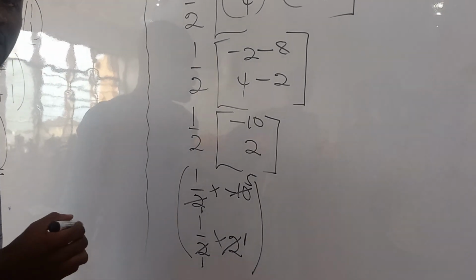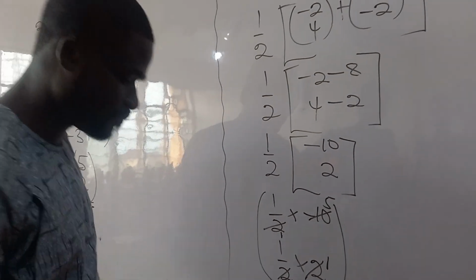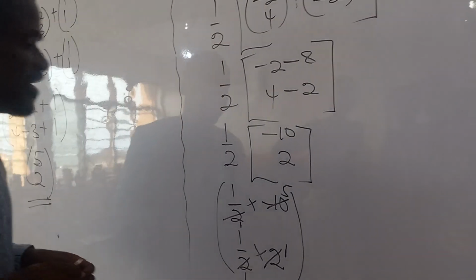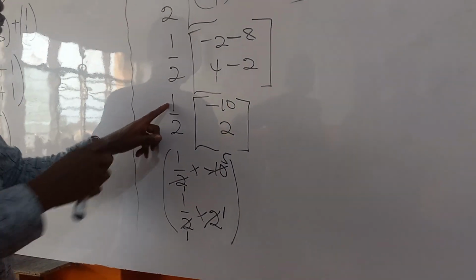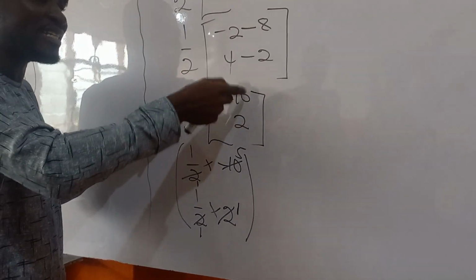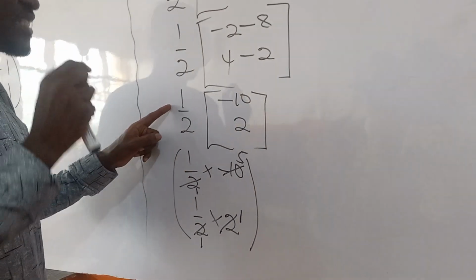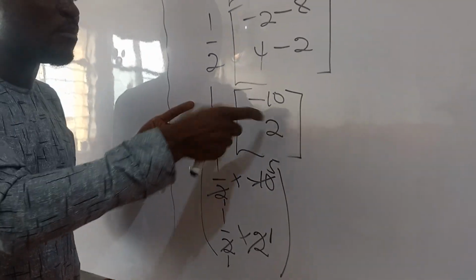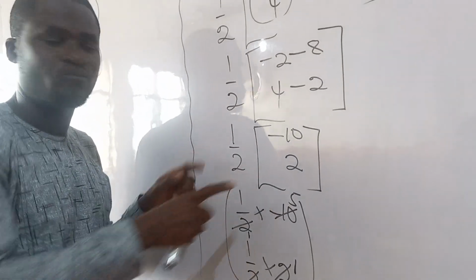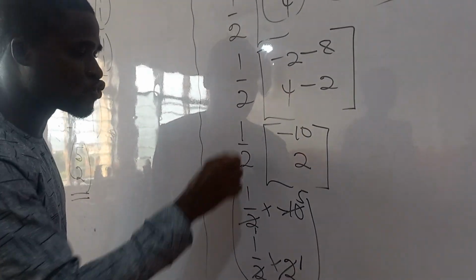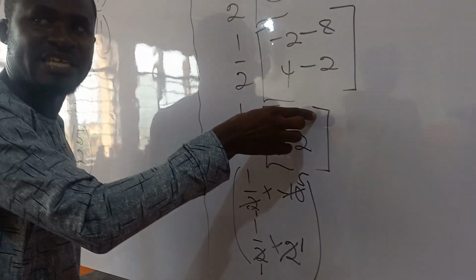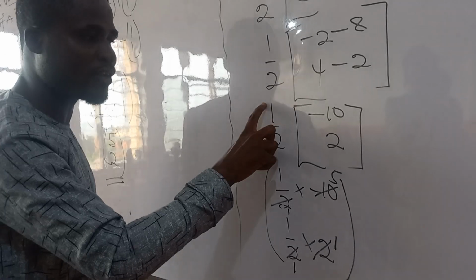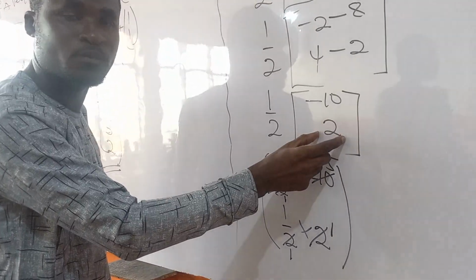I'm repeating it. If it is a fraction, you use the fraction to divide the numbers. But if it is a whole number, then you use the whole number to multiply everything in the bracket. So 1 over 2 times negative 10, then the same 1 over 2 to multiply the 2.